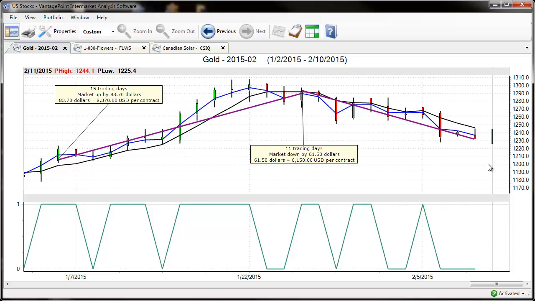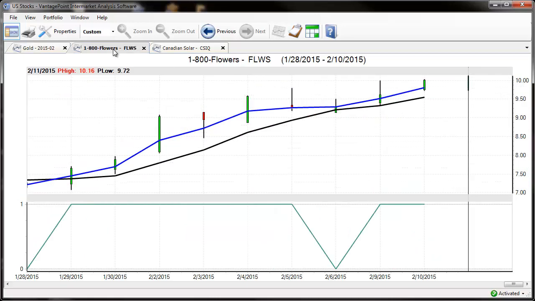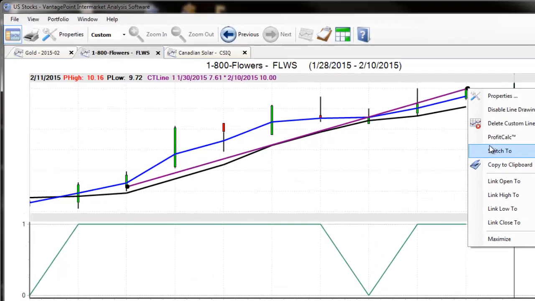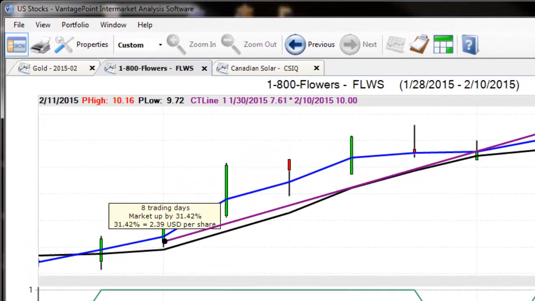Now, like I said, this is a special Valentine's Day edition. What else is big? Flowers. 1-800-Flowers. VantagePoint predicted this to go up on the 29th of January. The blue line crossed above the black line. The Neural Index was at a 1. You could jump on that, buy your bouquet, buy your shares, however you want to do it. 1-800-Flowers has shot up since then, and just in the last 8 trading days, you could have made 31% profit.